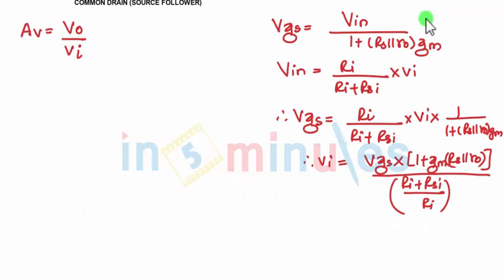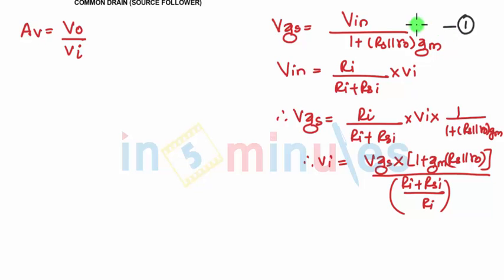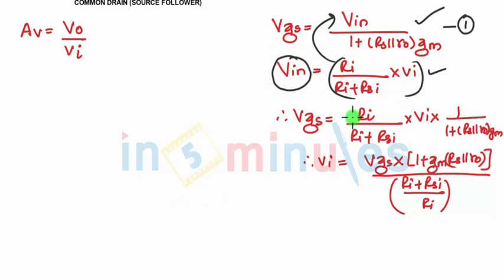What we can say, we have got this equation, VGS is Vin upon 1 plus gm into RS parallel RO. The same equation is written over here, and we have got Vin as this. So what I am doing, instead of writing Vin, I will substitute this part over here. So what will you get?